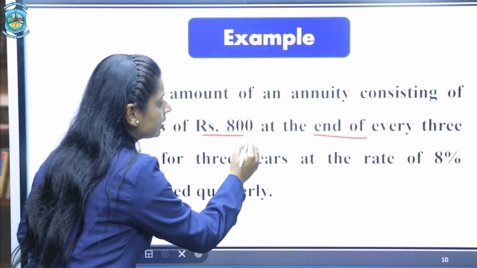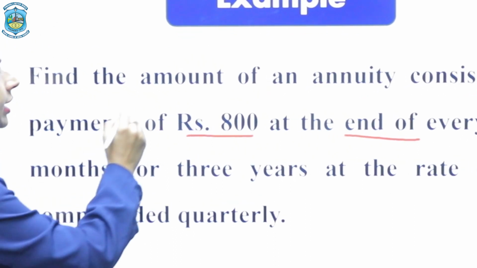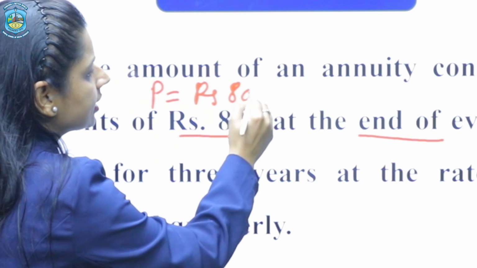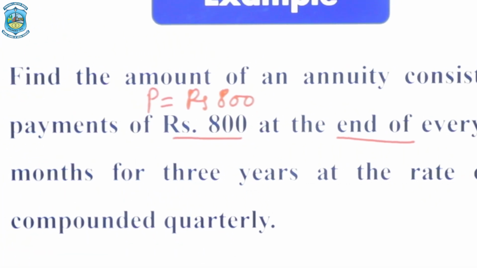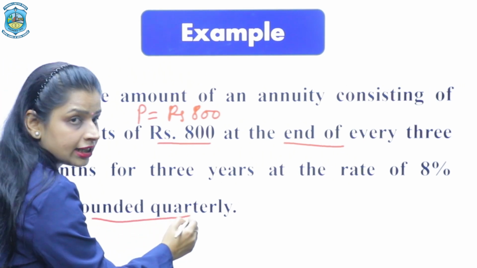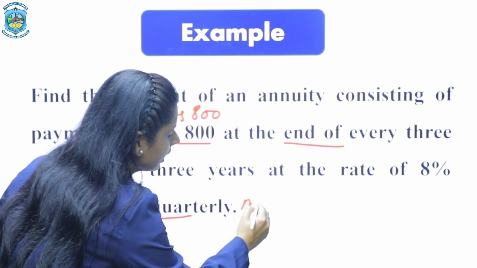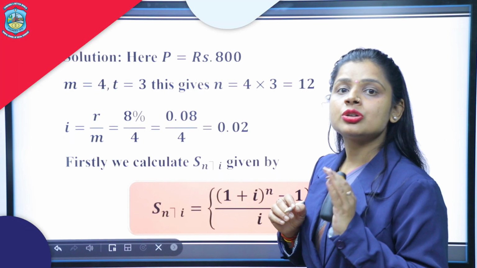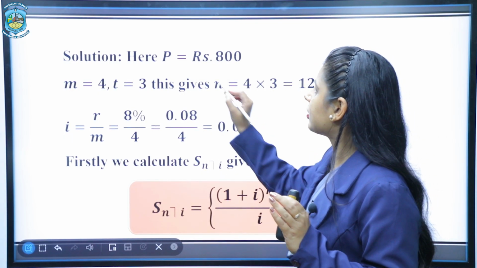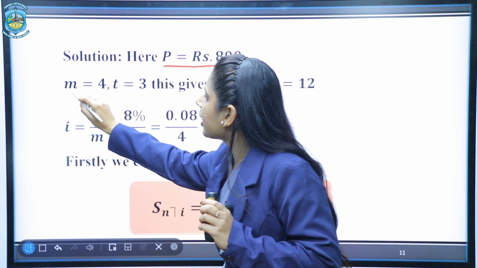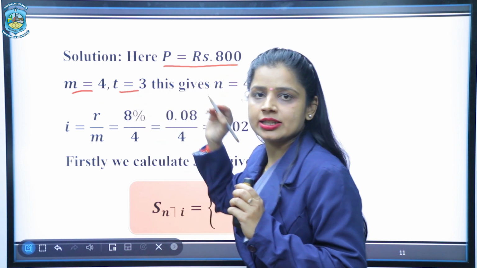Each installment is for rupees 800, that is, the value of P is rupees 800. The installment is paid quarterly, which means the value of m is 4. So in this example, P is rupees 800, m is 4, t is 3.